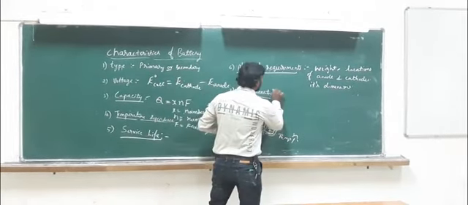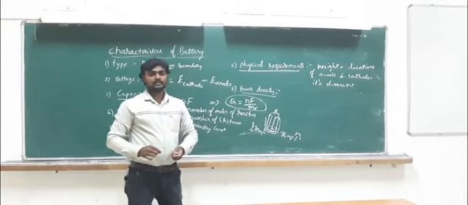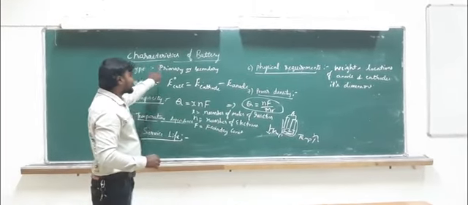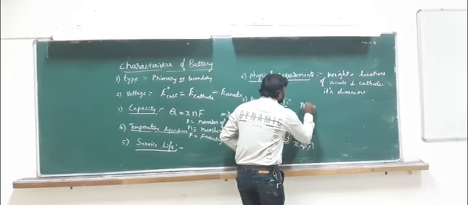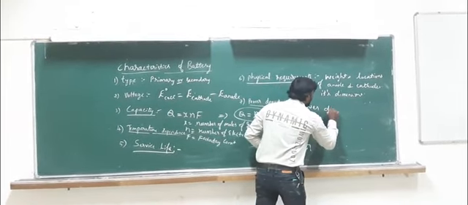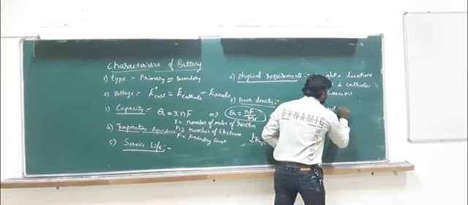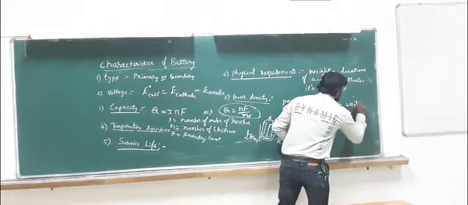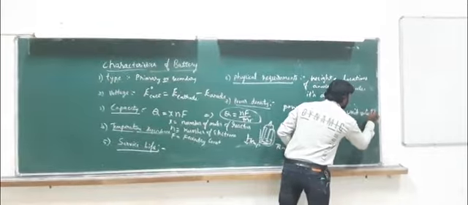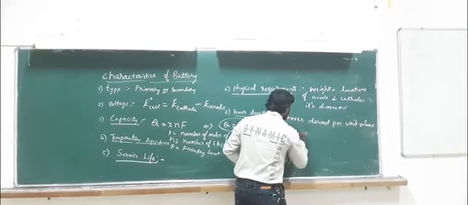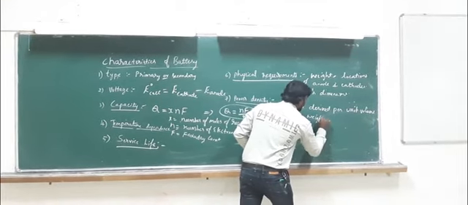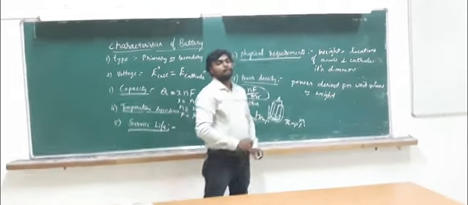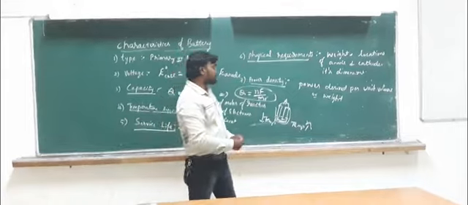And power density. Power density is also one of the characteristics of a battery. Power density means the power derived per unit volume or weight of a battery, which is measured in grams.